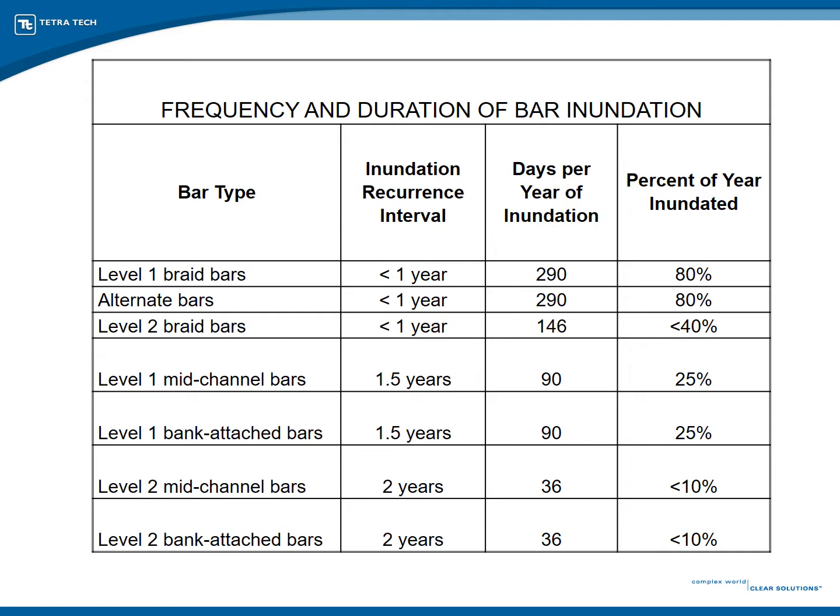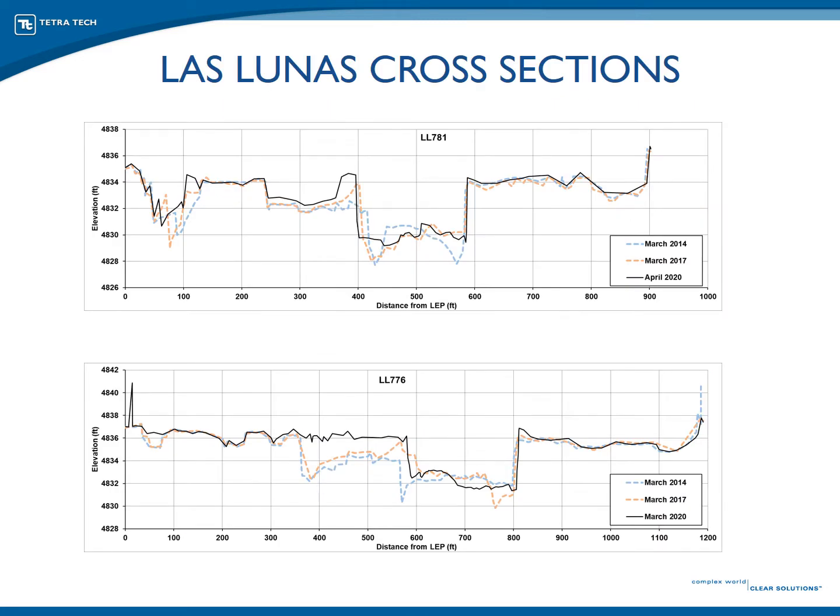Take sort of geomorphology 101 again: the floodplain inundation frequency is above the mean annual flood, roughly. So what do we conclude? These bars, whether they be bank attached or mid-channel, are the dynamic floodplain of the present Rio Grande. They are related to the flow and sediment regime that exists today.